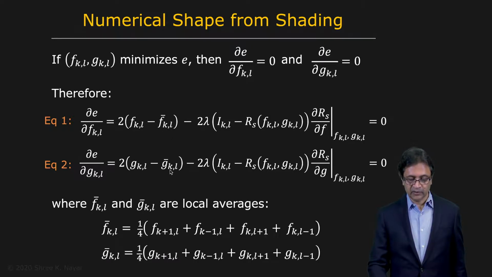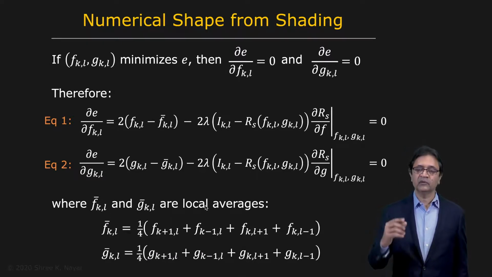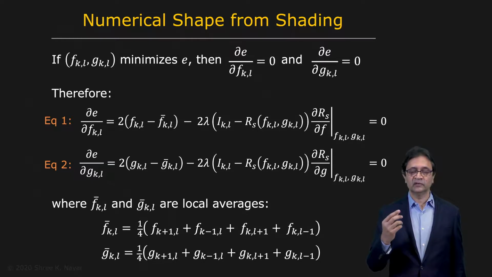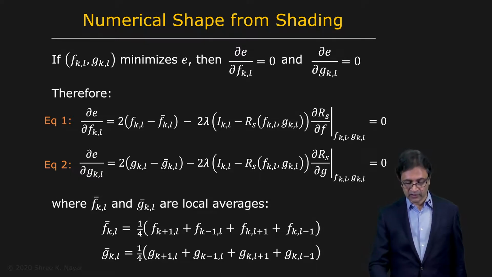F bar and g bar, by the way, are the average values of f and g. The average is computed over the 4 neighbors to the pixel KL. The neighbor on top, bottom, left, and right. So that's f bar, which is the average of these 4 neighboring values, and g bar, the average of these 4 neighboring values.